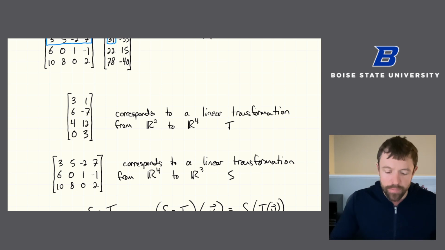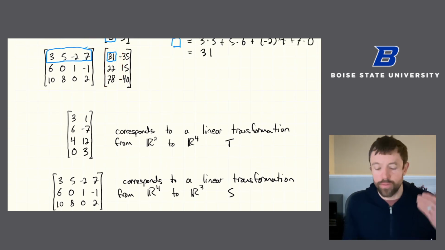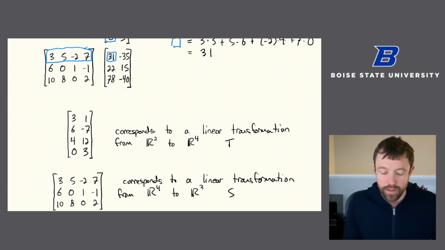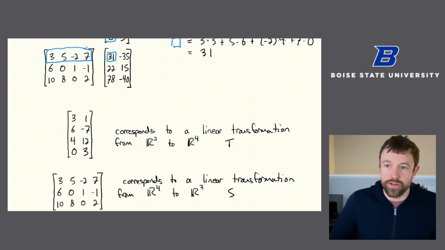And if you follow that process, I'm not going to write it all out, you get this. So in other words, when we start with the standard basis vector, apply this transformation by matrix vector multiplication, take the corresponding vector and apply matrix vector multiplication to it, this is what we get. And similarly, if we start with the second standard basis vector and push it through that process, we get this thing. And that's what it means to be the matrix of a linear transformation.